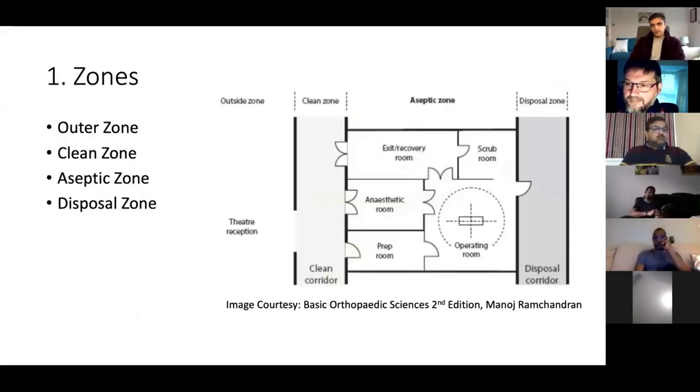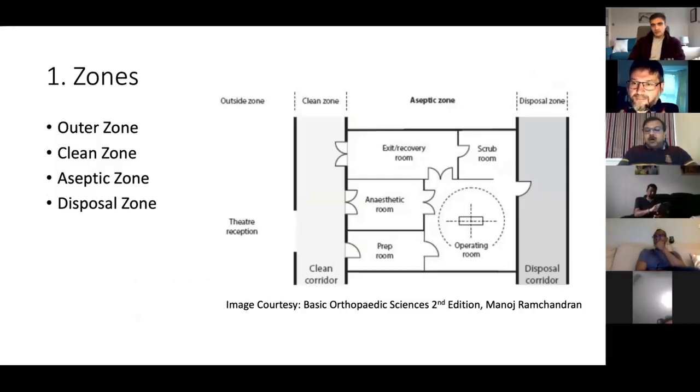So looking at this picture, zones. This is directly from Ramachandran's Basic Orthopaedic Sciences. Nothing new in here. The theatre zones are divided into 4. The outside zone is anything outside the theatre area, which means all of the hospital, including the theatre reception. The corridors inside the theatre reception form the clean corridor.